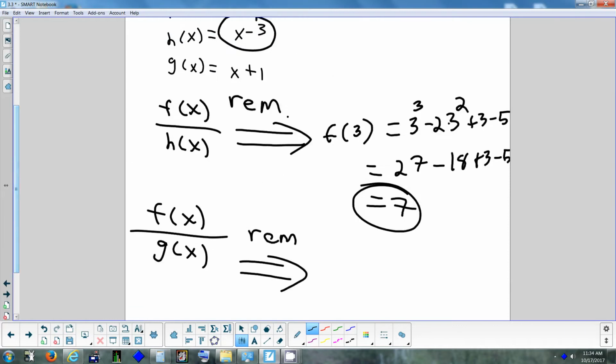Is g of x in the form x minus a number? No. But could it be? Yeah. How could you make it x minus a number? Yep, Ezekiel? x minus -1. Exactly.